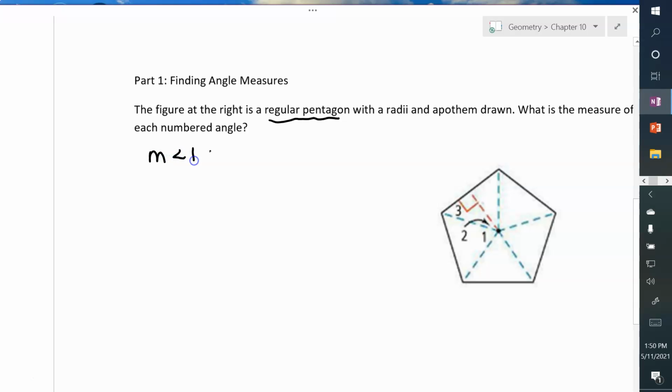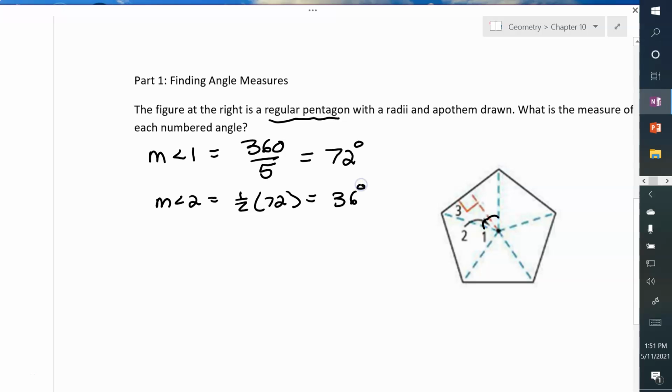The measure of angle 1 equals 360 divided by 5, so that is 72 degrees. And then keep in mind that an apothem is going to split that angle that's in the center there. So the measure of angle 2 is going to be 1/2 of 72. So we get 36 degrees.